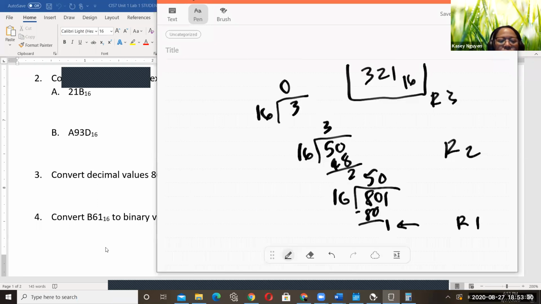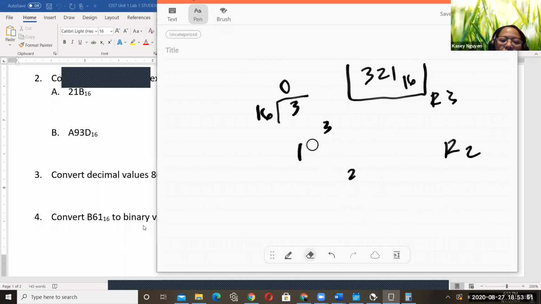Okay, so for 4, I kind of previewed this a little bit earlier already, so I'm going to work with you on this. So is it okay if I erase this, or is anybody still taking notes? Okay.